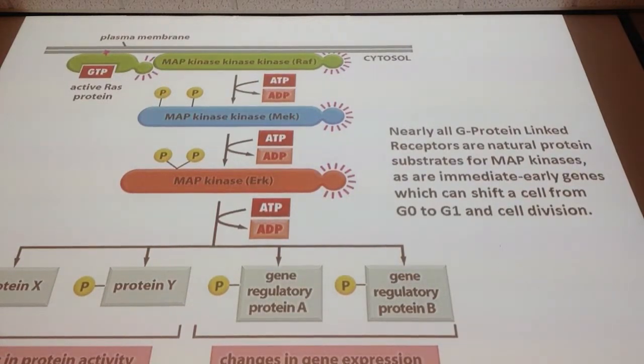Anyway, the whole idea about activating the MAP kinase cascade is to activate MAP kinase. So if you figure out a way to bypass all of this, and MAP kinase is actually activated, then you don't need any signals.